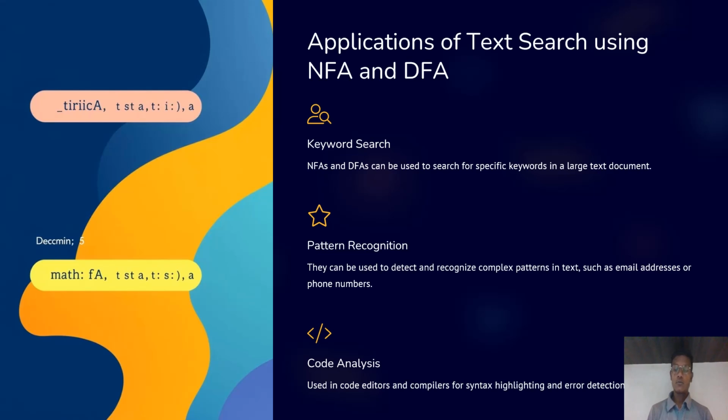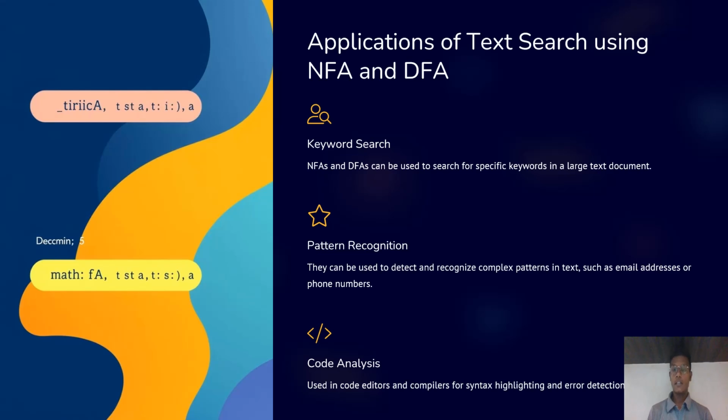This can be used to detect and recognize complex patterns in text, such as email addresses or phone numbers. Next one is code analysis. Used in code editors and some compilers for syntax highlighting and error detection. These are some applications of text search.